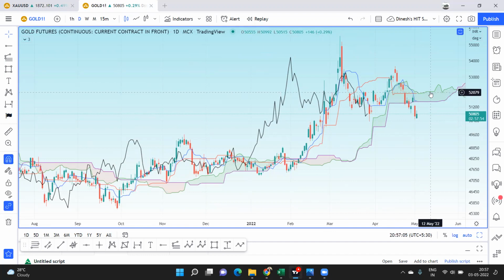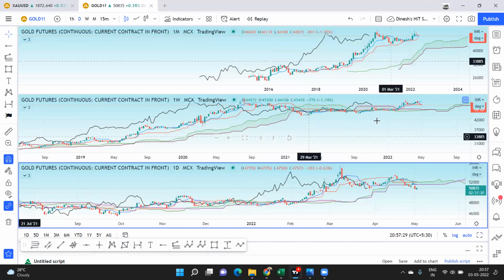In the case of a downward move, which is in sync with the 1800 to 1825 for the US international COMEX, in the case of Indian rupees, we would be looking at 49,200 to 49,250. That level should not break. The 49,000 level is extremely crucial for the gold bullish angle.